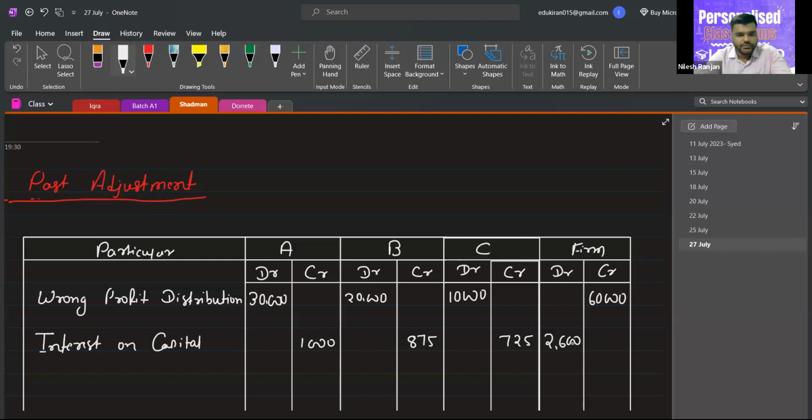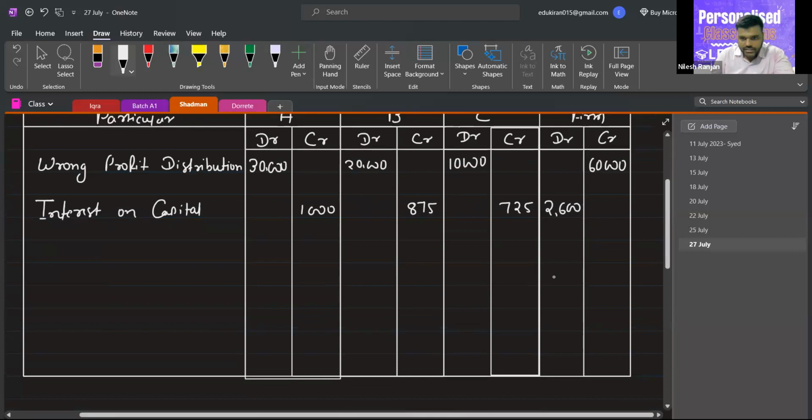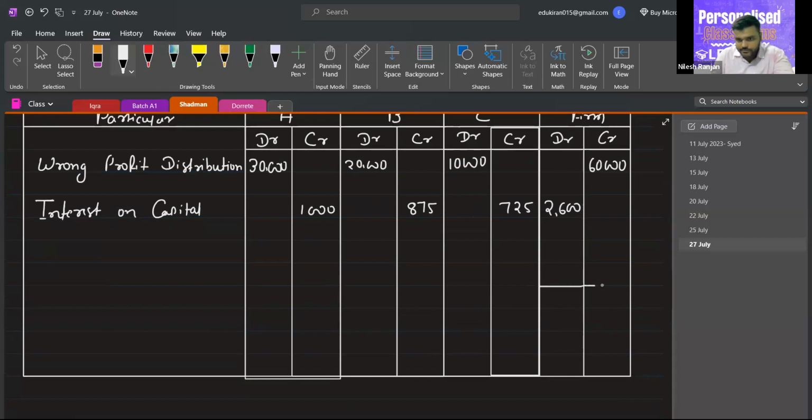After this, the balance profit will be distributed. So you can see in the credit side of firm, it is 60,000. And on the debit side, it is only 2,600. So the balance of 57,400 will be written on the firm's debit side.